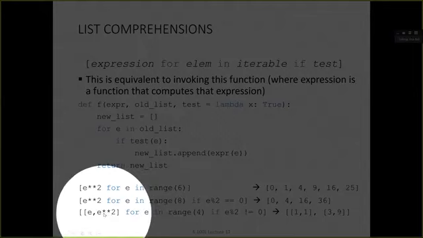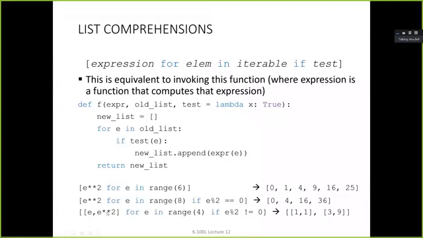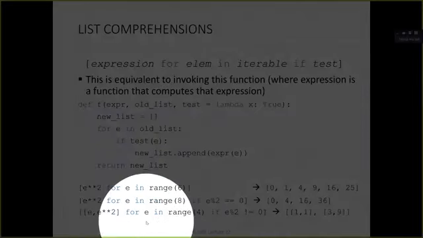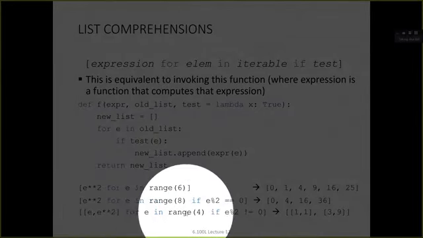So each element in my resulting list is another list, right? And that inner list is going to contain 2 elements every time: the thing I'm actually iterating over and its square. And I've got a condition here. I've got the elements 0, 1, 2, and 3. That's the range.